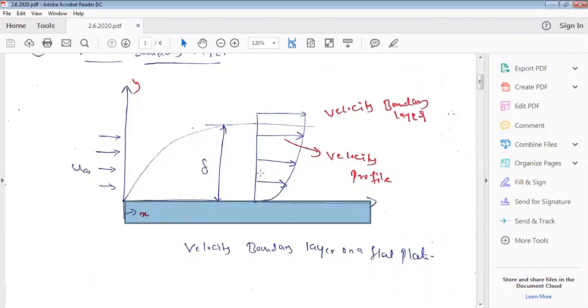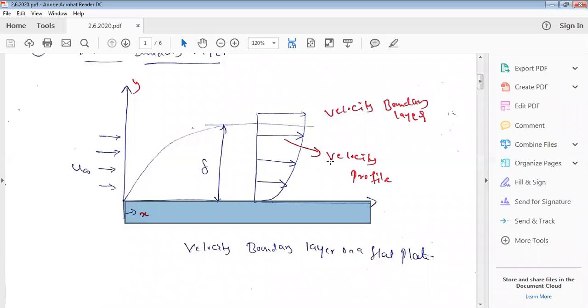Similarly, another adjacent layer much higher than the plate has a slightly increased velocity. If you move away from the plate, the velocity is maximum, and at that height you are going to get the maximum velocity. This is how the velocity of the air or fluid above the plate is distributed.